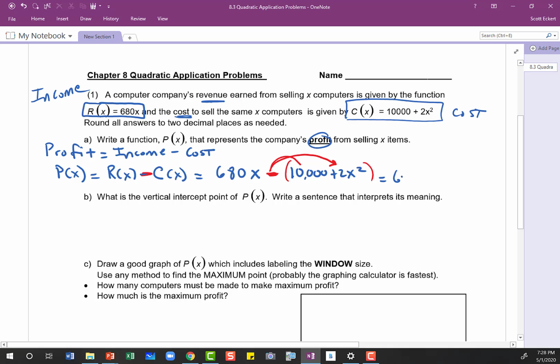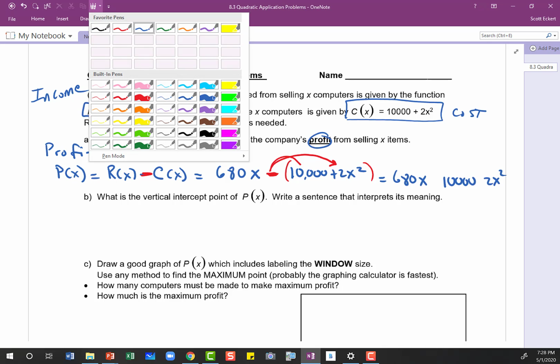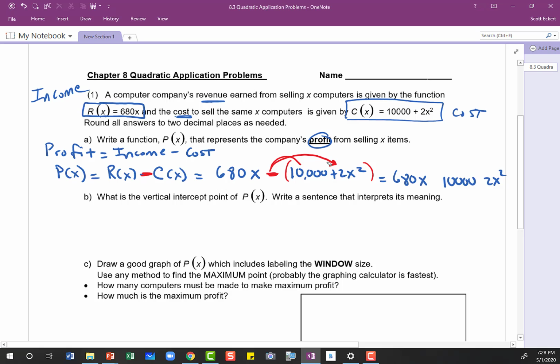We're going to have 680x. We're going to have 10,000, 2x squared. But when we distribute, this distribution comes in here, it's going to make the 10,000 negative.